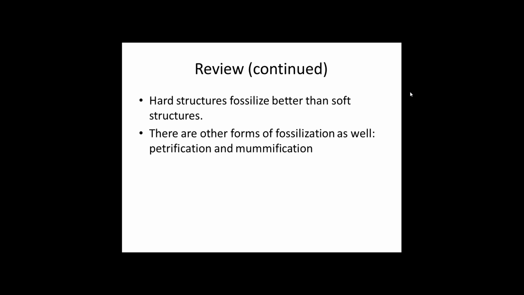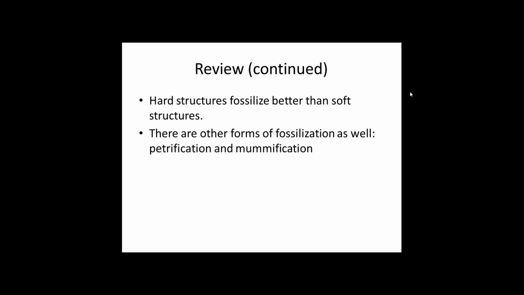In this case, mineralization occurs within the organic tissues of the piece of wood, and then petrification is that final step when the cell walls are completely replaced by minerals as well. So they're not necessarily different ideas, they're just different steps in the process of fossilization.